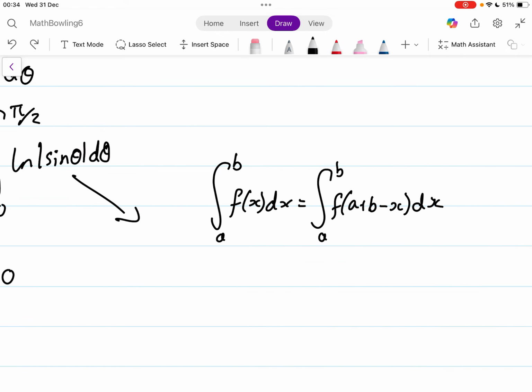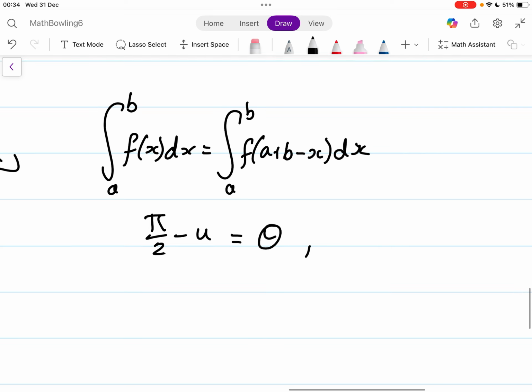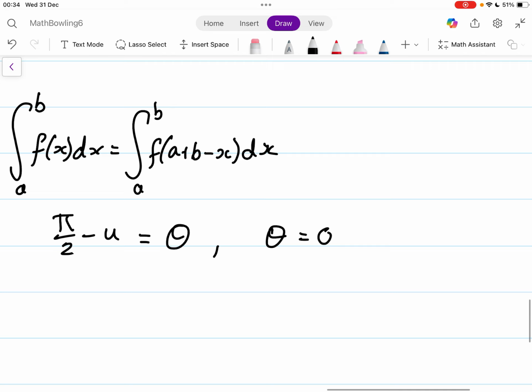And the way that we do it is we do a substitution, u minus pi over 2, or pi over 2 minus u, both of them work, equals theta. As theta equals 0, u equals pi over 2, and as theta equals pi over 2, u equals 0.